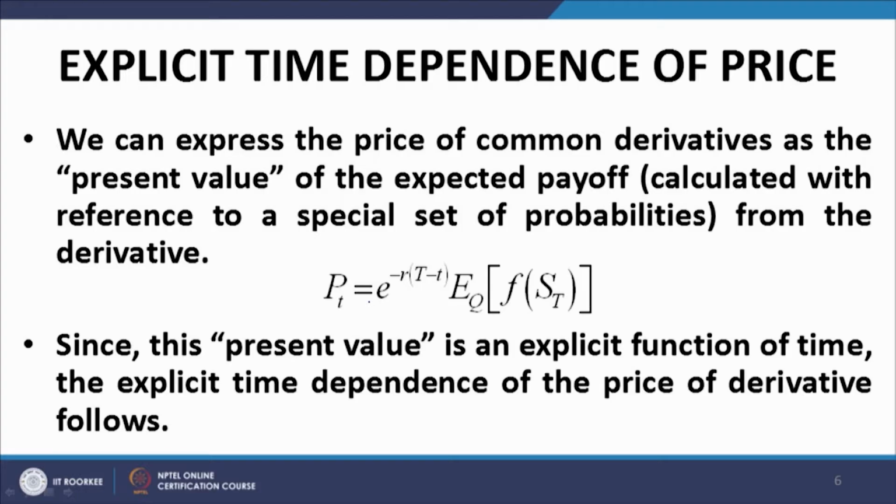The expected payoffs from the derivative, with the expectation being calculated with respect to a special set of probabilities called risk neutral probabilities, the details of which we shall discuss later in this segment when I talk about the valuation and pricing of derivatives. But the important thing at this point is that the pricing of derivatives entails a factor of present value, and because it incorporates that factor, the explicit time dependence is apparent.